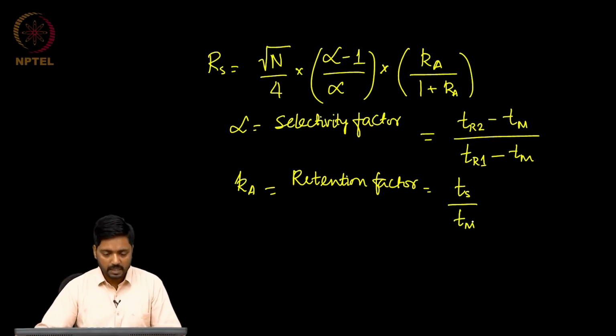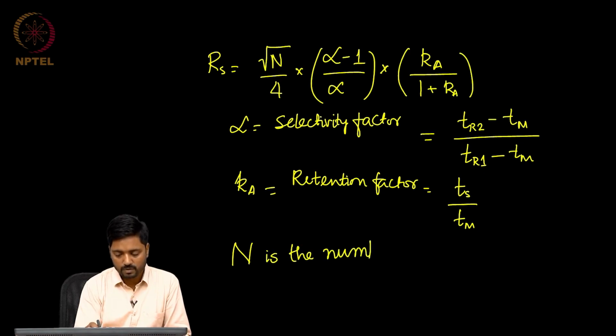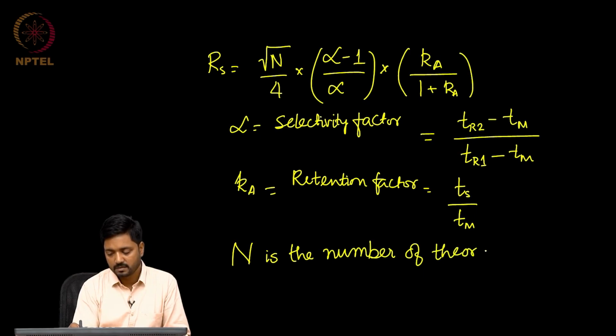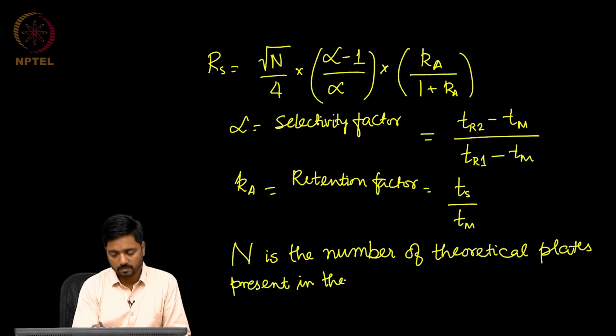Here, the term N is a new term, and that is the number of theoretical plates present in the column.